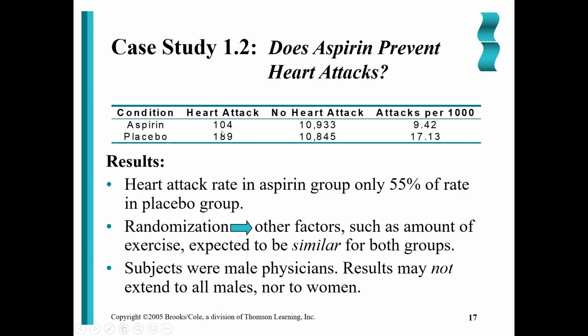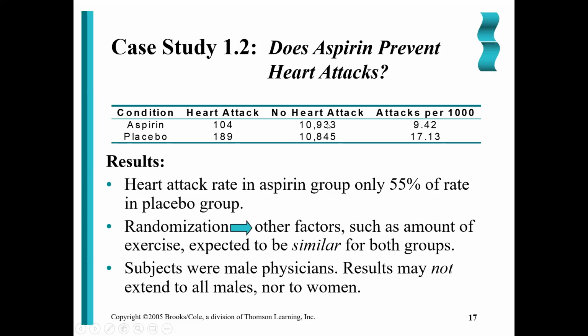So what can we do to make a fair comparison? All right, because look at the heart attack group, much smaller than the no heart attack group, right? Much fewer people in the whole study actually had heart attacks than people who didn't. So what do you do? Well, you determine the number of heart attacks per 1,000 people, right? Number of heart attacks per 1,000. So it's 104.